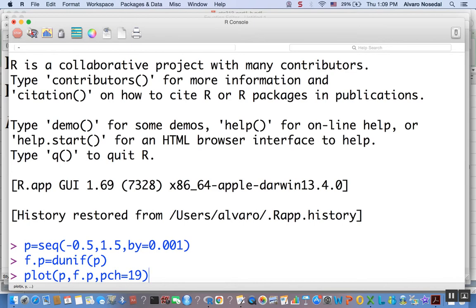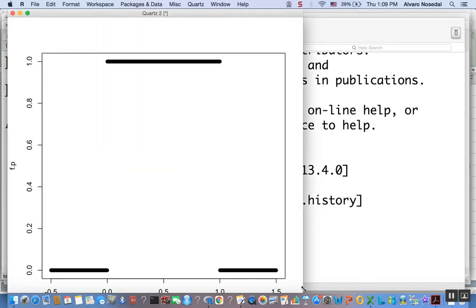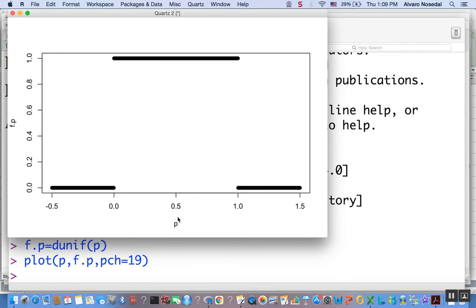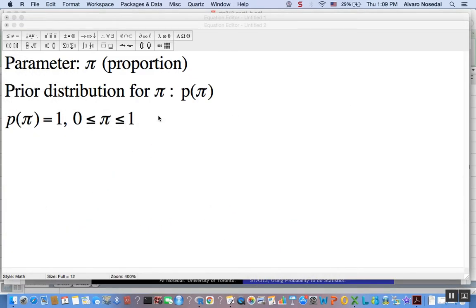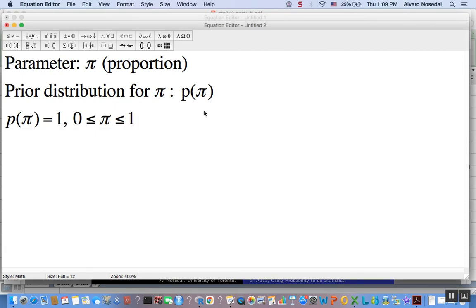Okay, so you have seen that graph before, for instance in STA360. So 0 outside the interval 0, 1, and 1 if we are inside that interval. Okay, so anyway, that's the one that we want to consider.